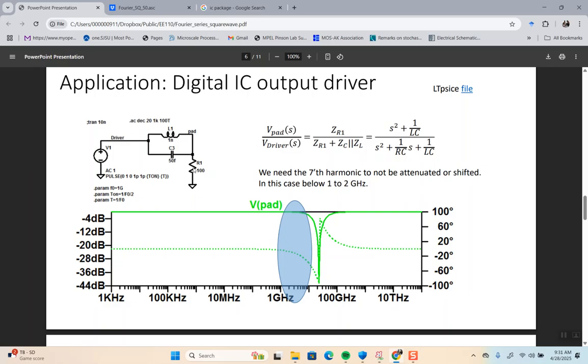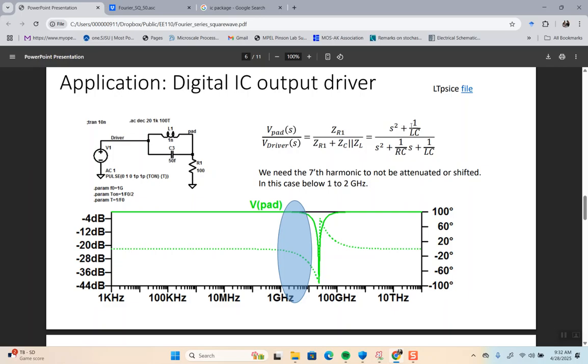And you can find, if I'm driving it, so this is the inside of the chip, the driver, no, this is coming from the outside, and that's the pad. So you're driving into the chip. And so hey, those are linear elements. You know what they are, right? You find H of S, and notice we get a second order function, right?